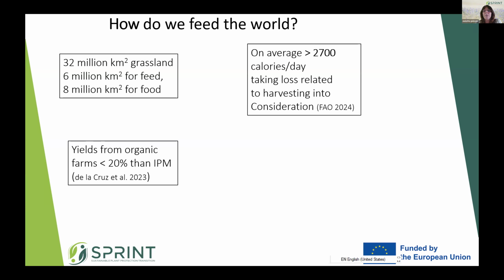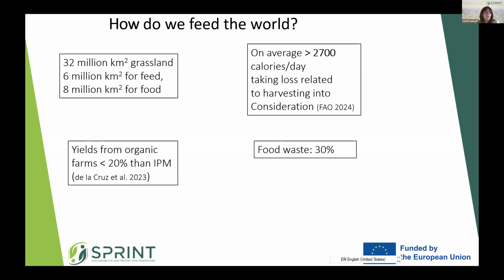That means we can produce more food than we need per person, and we waste about 30% of the food. So the people who are now starving don't starve because there is not enough food in this world, but because it's a distribution problem. So please keep this in mind.